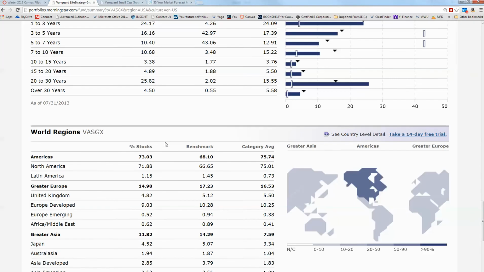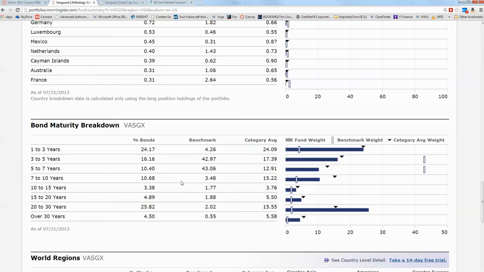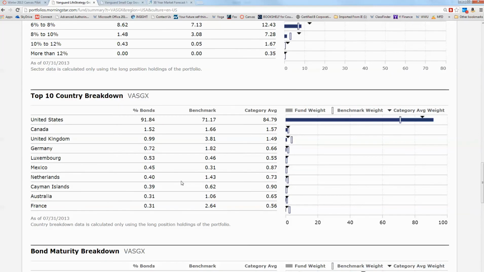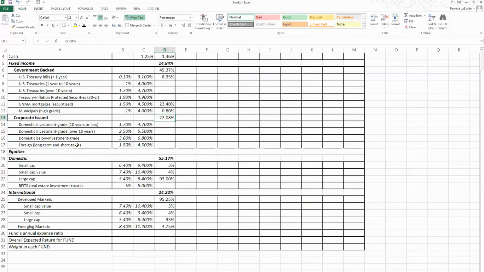And here I'm going to look at, I know they have a place that shows me the corporate issued. I have to find it. Basically, if we go and look at corporate issued, they are broken into just a couple of categories. There's essentially investment grade or below investment grade.